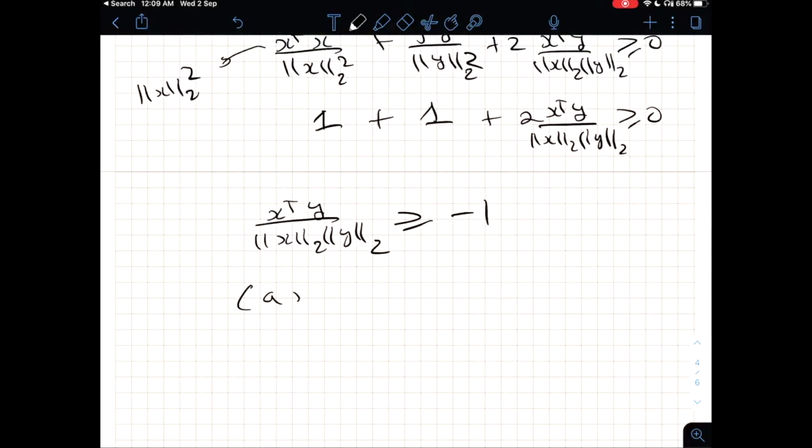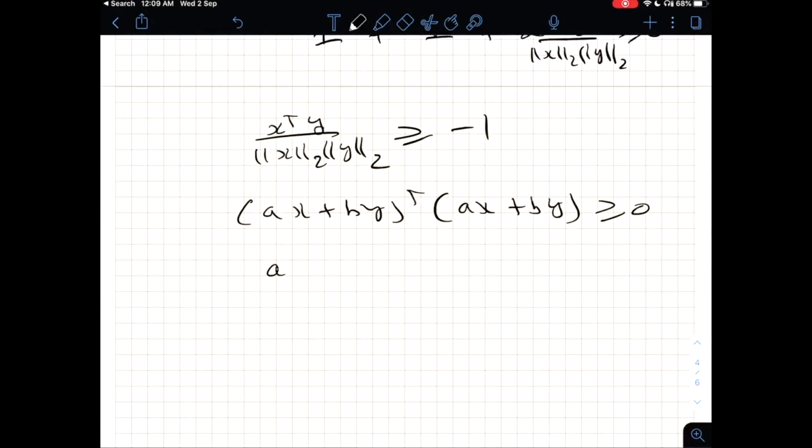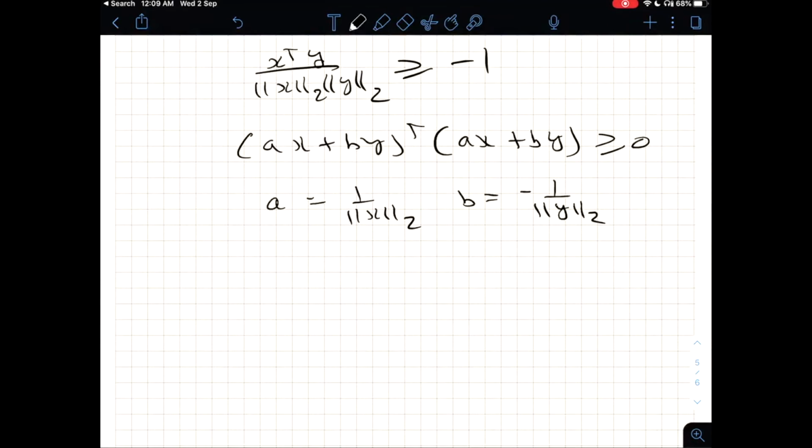And for this, I am just going to change the choice of the constants a and b. So I am going to choose now a as 1 by length of x and b as minus 1 by length of y. So then the first term is a square x transpose x. So that still remains this.